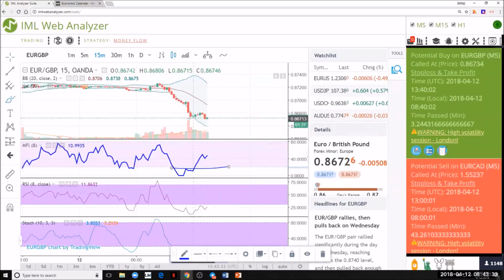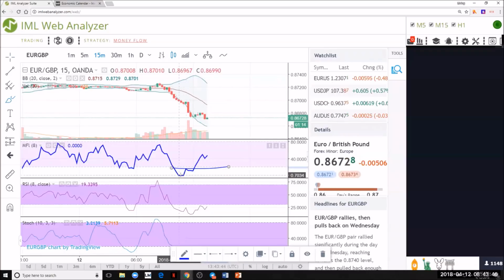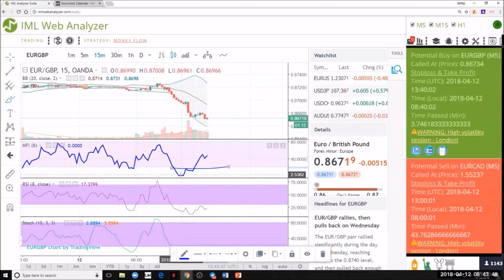That's 1 hour, almost over 2 hours ago. So for me, that's just not recent enough. Had we been right here, maybe just a few candles away, then I would still take this as a potential setup. But since it was so far back here, then this does not apply.